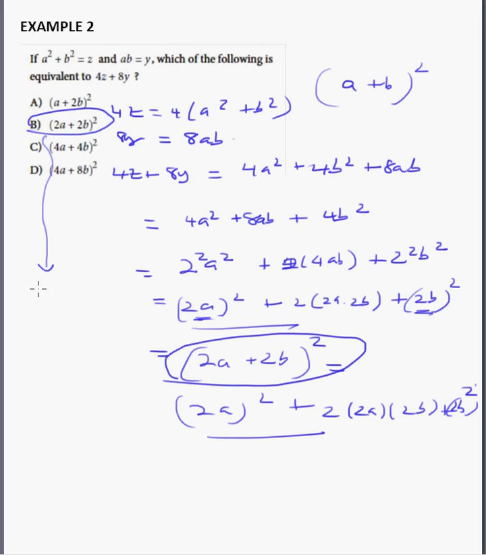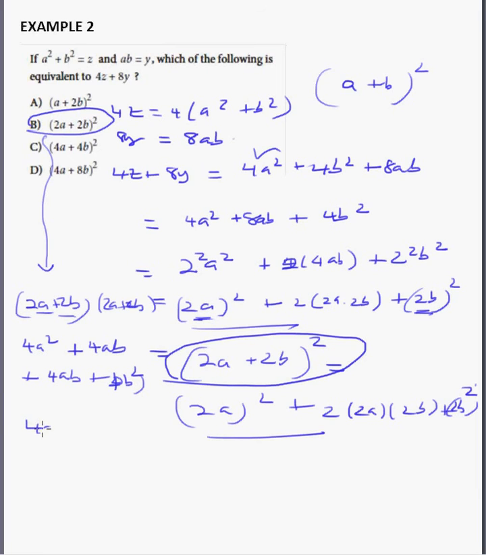trial and error, you can see that this (2a plus 2b) squared will be (2a plus 2b) times (2a plus 2b), and that will be equal to 4a squared. So at least that gives you the 4a squared which we have here, and then we have 2 times 2a times 2b, that gives you 4ab, plus another 4ab, plus 4b squared.